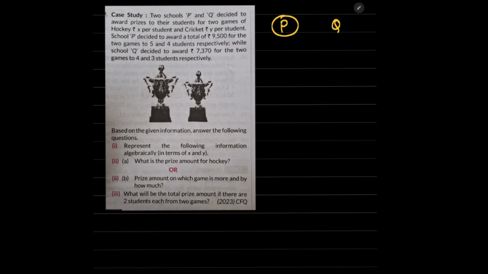So there are two schools, namely P and Q, and there are two games happening.